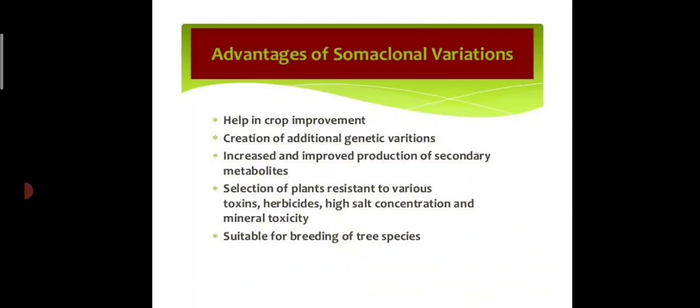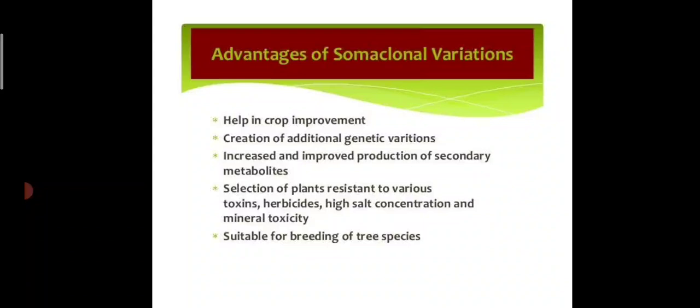And also we can create additional genetic variations. We can induce the genetic variations in a pattern that we would like. The third one is increased and improved production of secondary metabolites. Secondary metabolites are economically useful products, so we can induce somaclonal variations that may lead to increased production of these secondary metabolites.